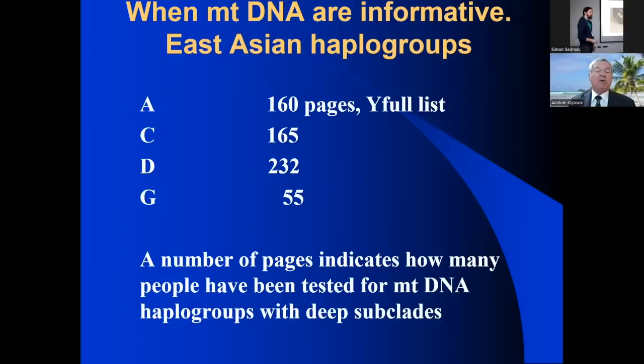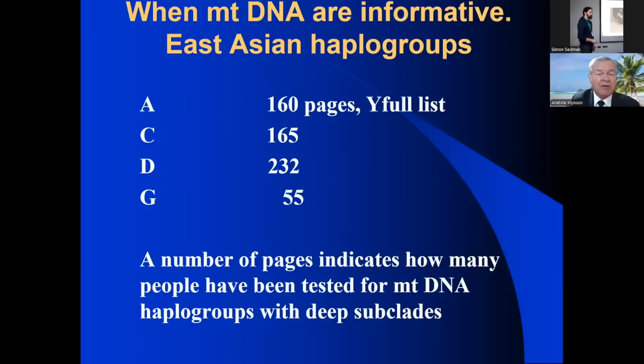And now we go to East Asian haplogroups. Remember I said that Serbs carry largely or exclusively European haplogroups, not Asian. Now if we go to Asian, you see, on the Y full list, bearers of haplogroup A, so many.